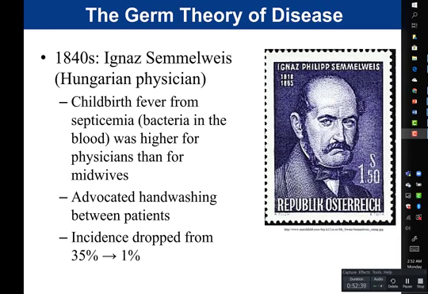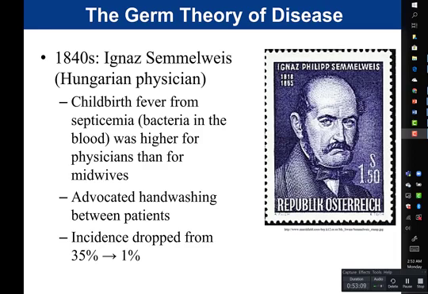And he wondered, why was it that when these midwives delivered the babies, why was the incidence of childbirth fever less than if the physicians were to deliver the babies? And so this childbirth fever results from what's called septicemia, which is bacteria in the blood. And so he noticed that the doctors had this higher incidence of this childbirth fever.